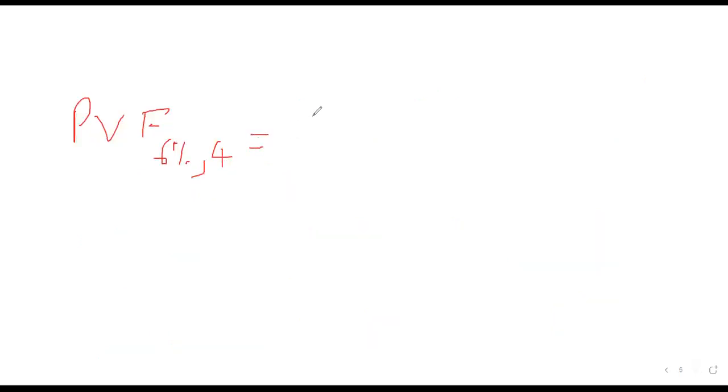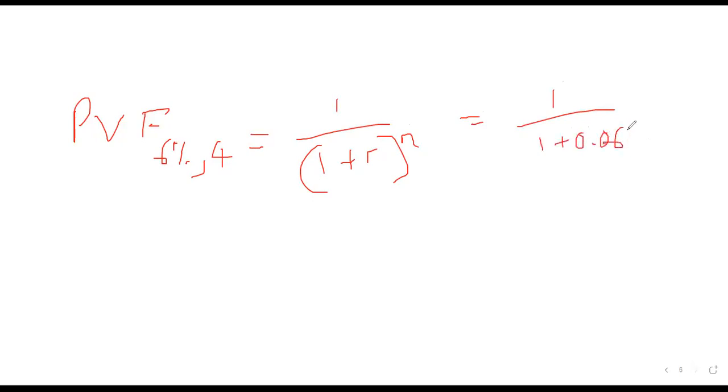Now the formula for the interest factor, you can use the manual way, which I usually prefer, or you can use the table. So let's calculate this: 1 over 1.06 to the power 4.